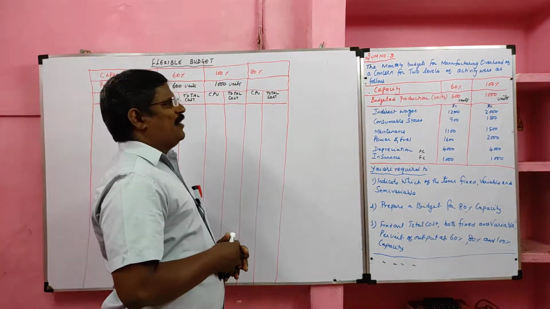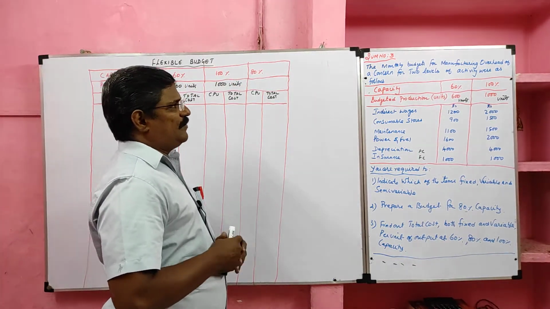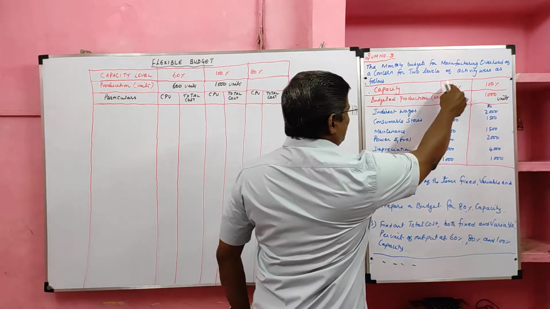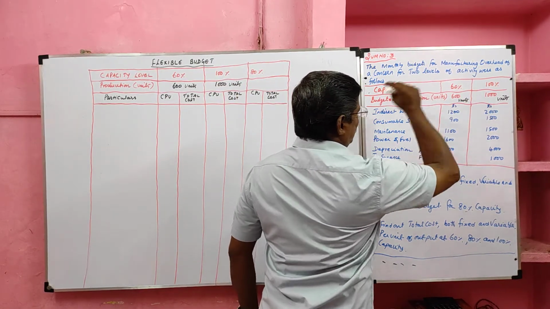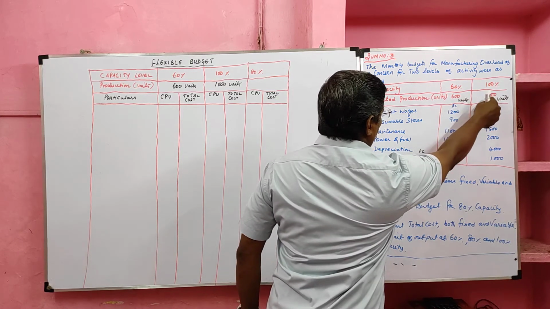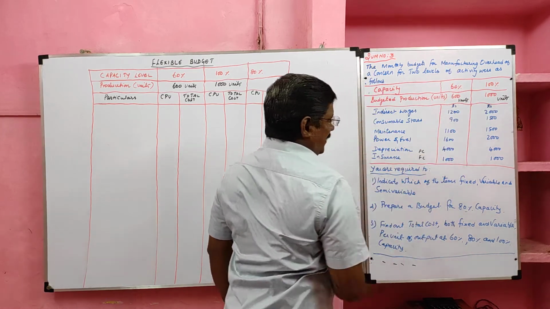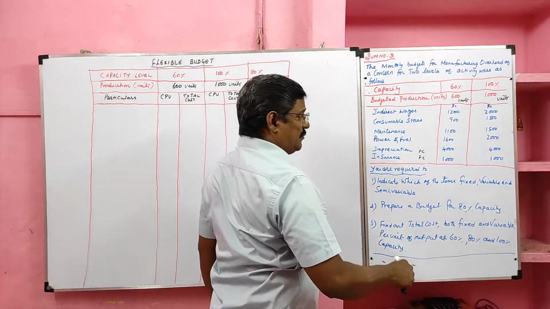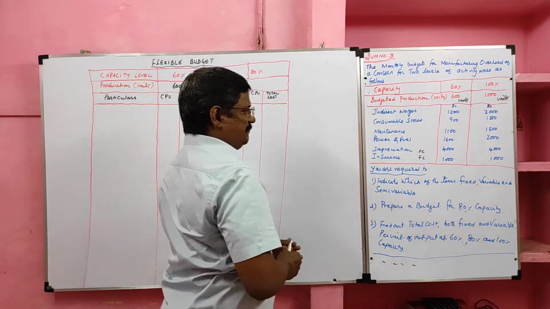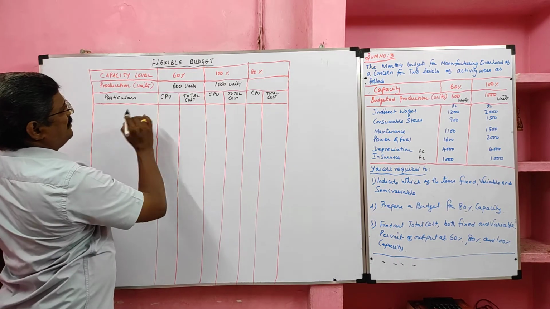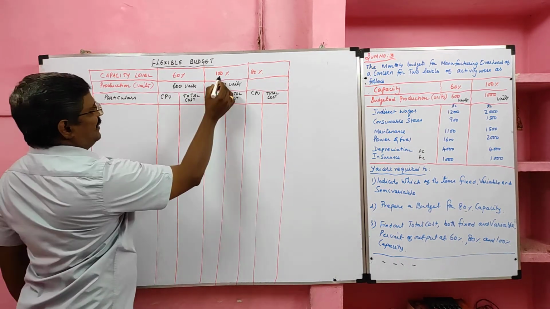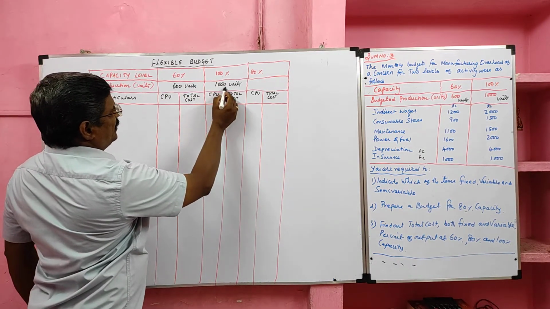Yes students, now I am going to solve the problem. Look at the problem. At 60% capacity they are producing 600 units. At 100% capacity they are producing 1000 units. So they are asking us to prepare a flexible budget for 80% capacity. So I have drawn the format.